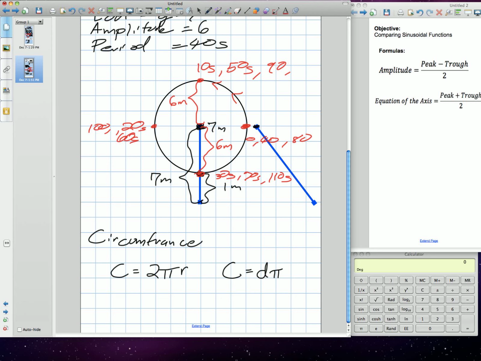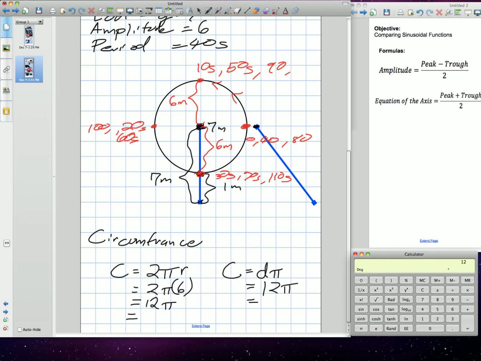Okay? So in this one, the radius of the circle is 6. So we get 2 pi times 6. 2 times 6 is 12. And you're going to see it's the same thing here. The diameter is the entire distance, would be 6 plus 6. So we have 12 pi. So we have 12 multiplied by pi equals 37.69.